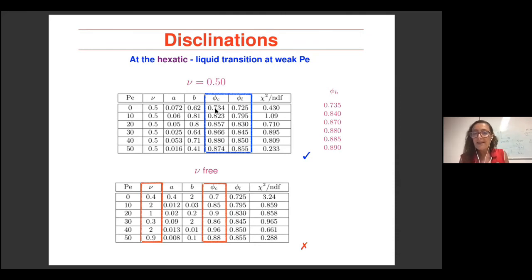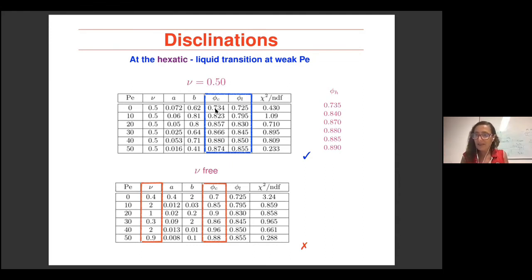Moreover, on this phase transition you also have clusters of defects. There are no isolated disclinations; they are always very close to clusters, and the clusters are very big, and everything is accompanied by these clusters. So I wouldn't be so sure about what's going on, even for large Peclets, between the hexatic and the liquid transition.